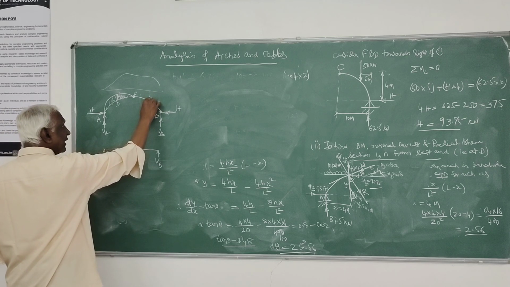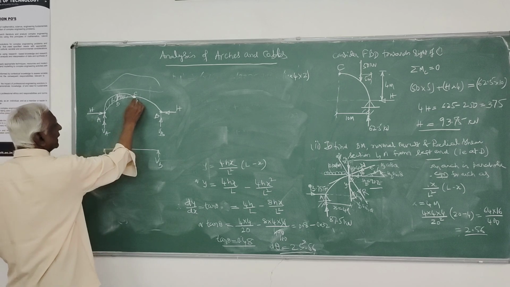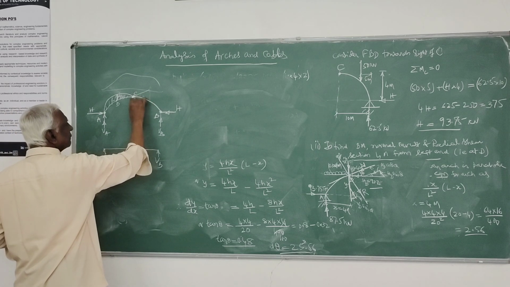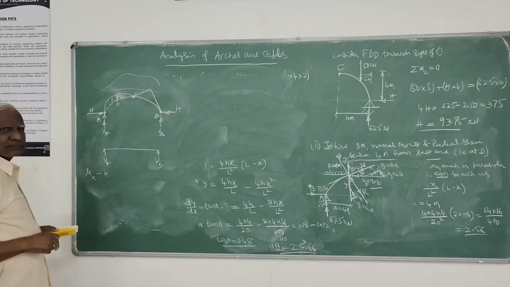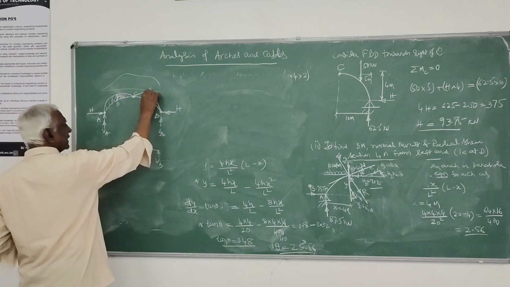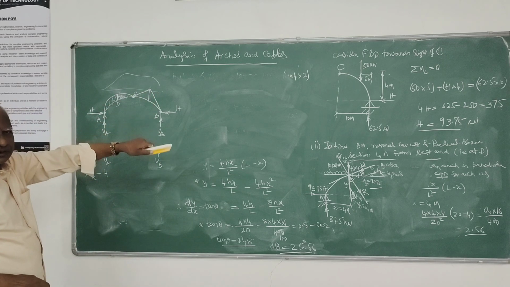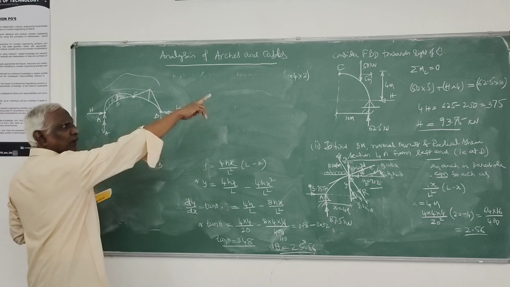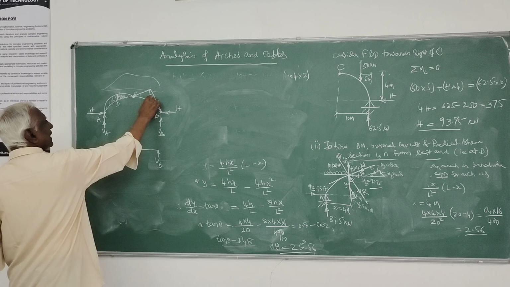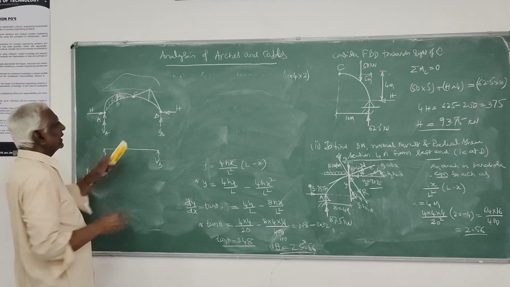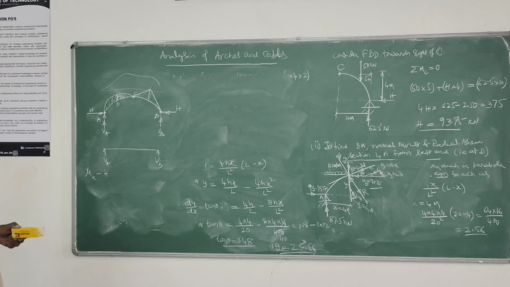Then here you have a concentrated load. Due to the concentrated load, the bending moment diagram has to be like this. Here it is W a b by L. That value we can evaluate, the bending moment under the load, and we write it here, and this is the bending moment diagram.